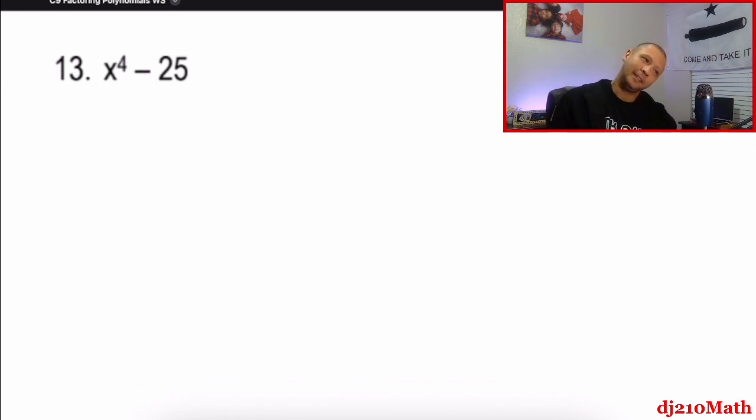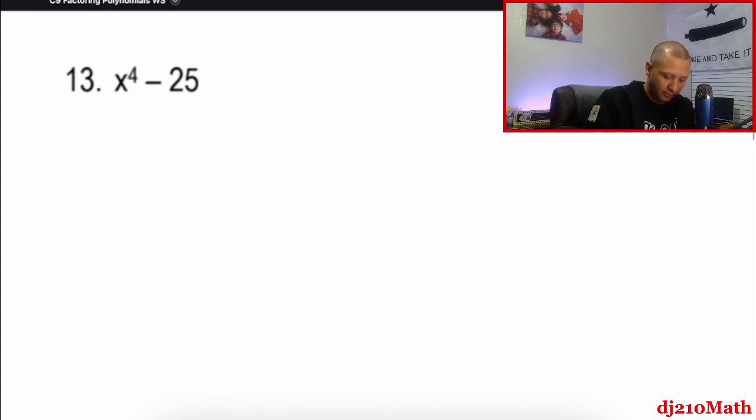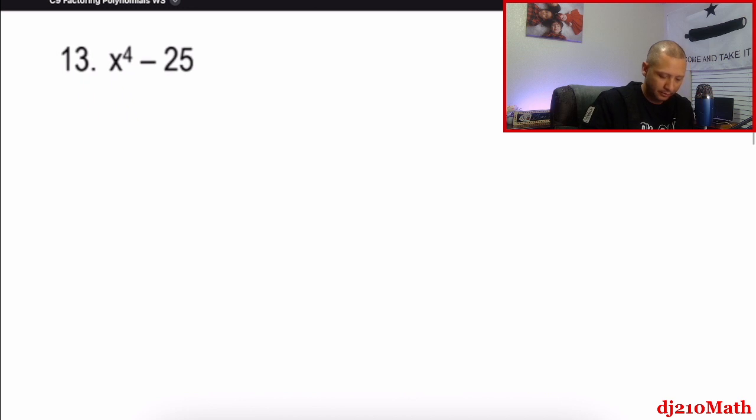Okay, number 13. X to the 4th minus 25. What am I thinking? I'm thinking that 25 is really 5 squared, and I want a difference of squares. That's what's jumping out at me, is that I have two things. Can this be a difference of squares?